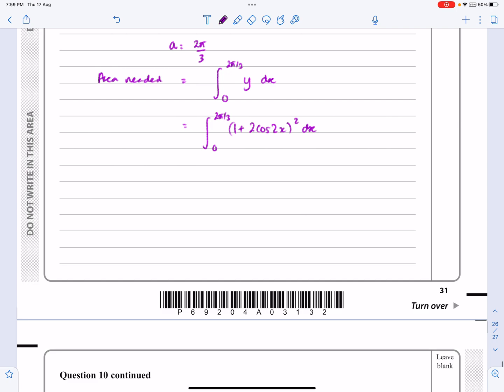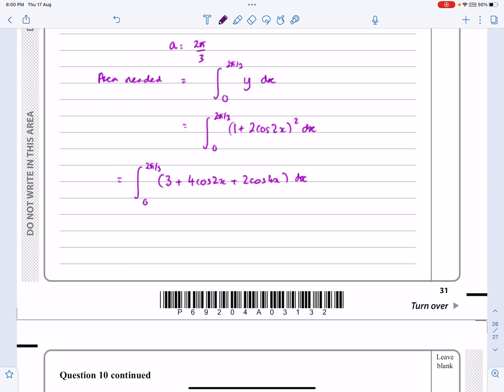And then we already know now, let's give myself a little bit more space for this, that that's the integral between 2 pi over 3 and 0 of 3 plus 4 cos 2x plus 2 cos 4x, all between 0 and 2 pi over 3.